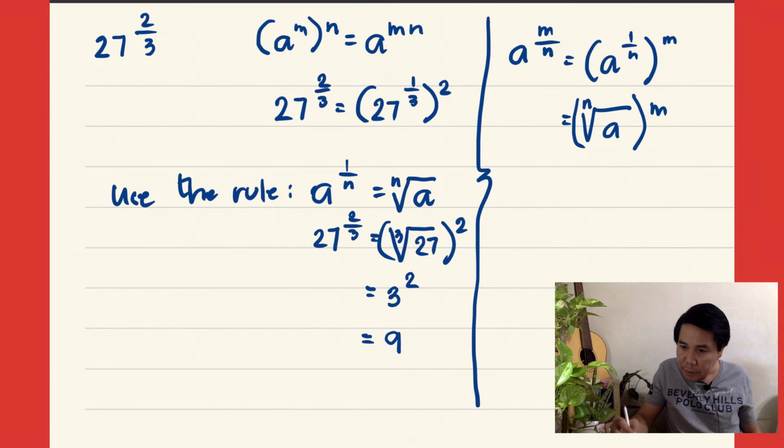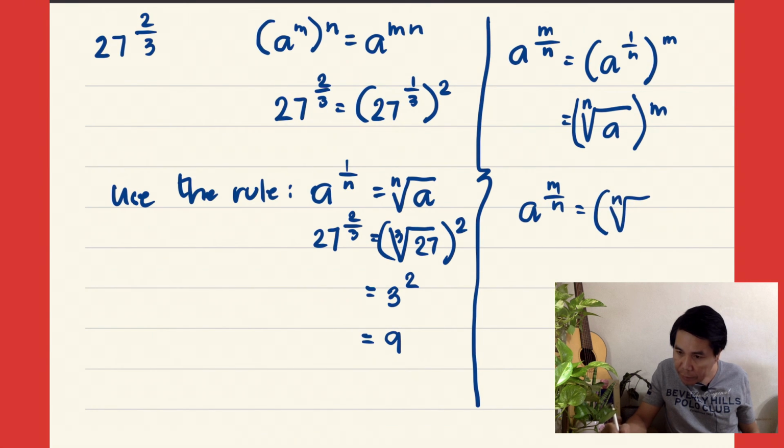Okay, so we have a to the m over n equals the nth root of a, to the power m.